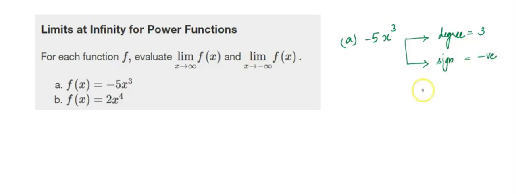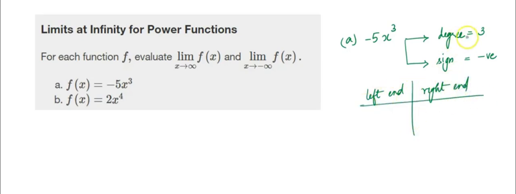If the degree is 3, according to the conditions, we're talking about the left end and the right end, the left-hand behavior and the right-hand behavior. Typically, if the degree is 3, the left end of the function will be pointing towards negative infinity, and the right end toward positive infinity. But because of this negative sign, this will have to get flipped.